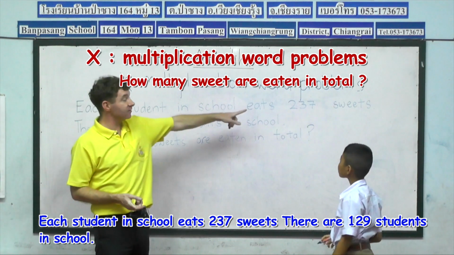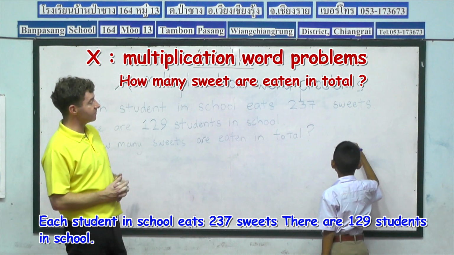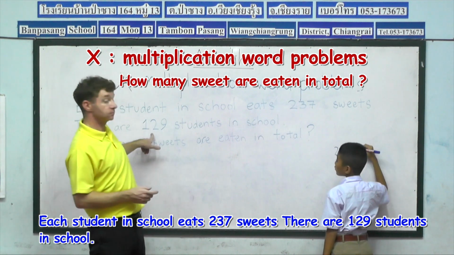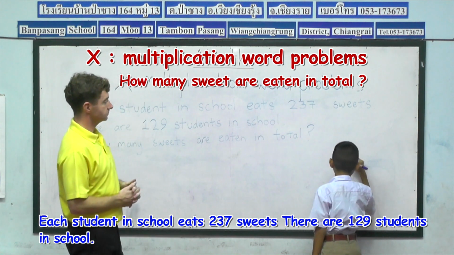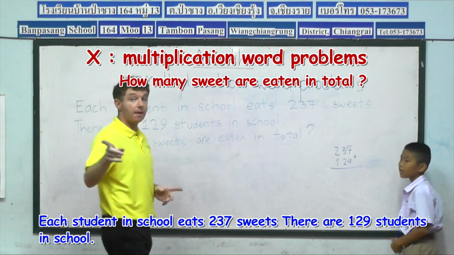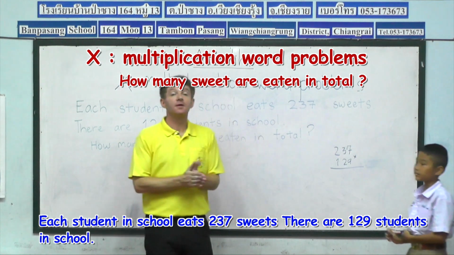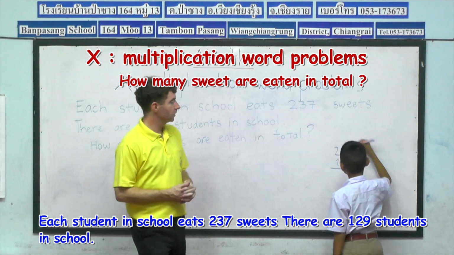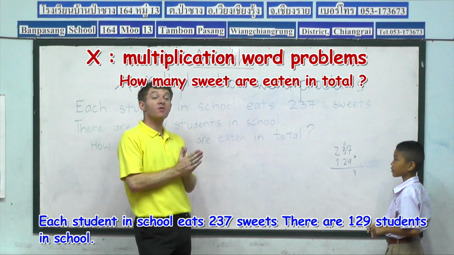So guys, how many sweets? 237 are eaten by how many students? 129. Equals. Okay, so remember, we always start with the ones column. So 9 times 7. Correct, 3 carry over 6. 9 times 3 plus 6, 33.